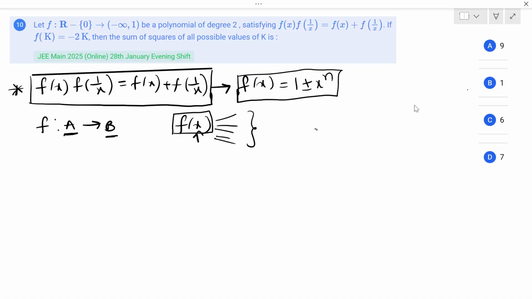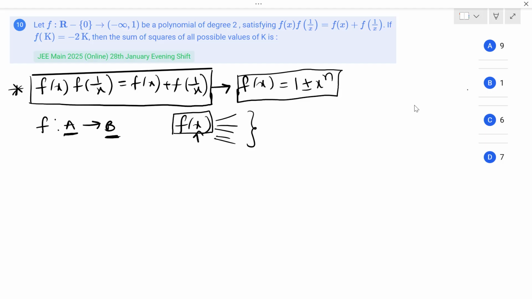Now please understand that range should always be part of the codomain only, that is capital B. It can never be other values than capital B. You cannot get the range of f of x as other than the values which are in B. Not necessarily every value in the codomain will be in the range of f of x, but every value in the range should come from the codomain only. You cannot get a value other than a codomain value as a range for f of x.